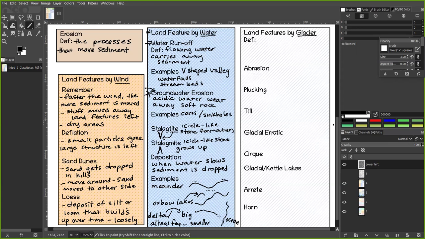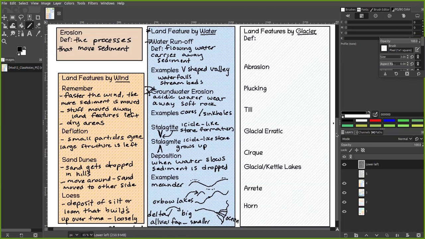As it gets closer and closer to the ocean, the land gets flatter and it tends to start spreading out. Now it follows the form of the land, so it spreads out, starts getting slower and slower and dropping its deposit. So eventually you're going to have a fan, and that's a delta.